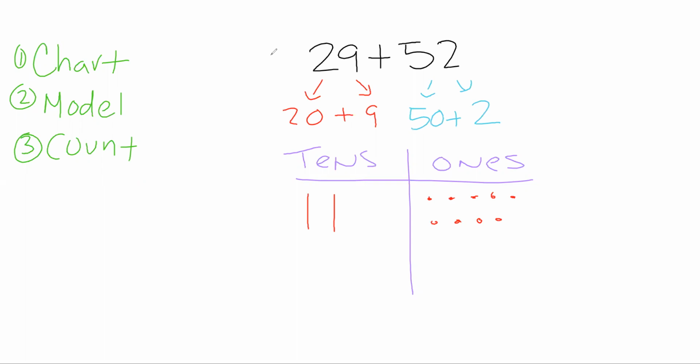So 5 tens, 10, 20, 30, 40, 50. 1, 2. And now we're going to count up what we have. Okay, so there's 1, 2, 3, 4, 5, 6, 7, 8, 9, 10, 11. 1, 2, 3, 4, 5, 6, 7.